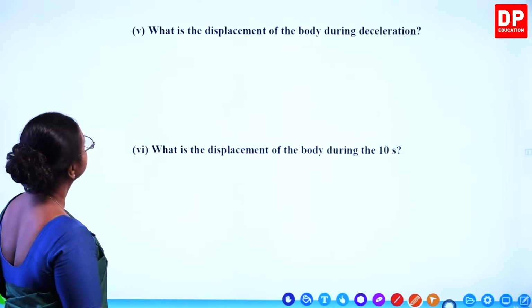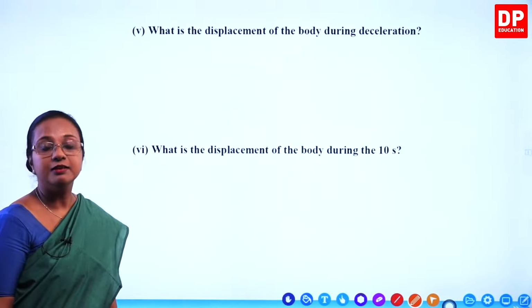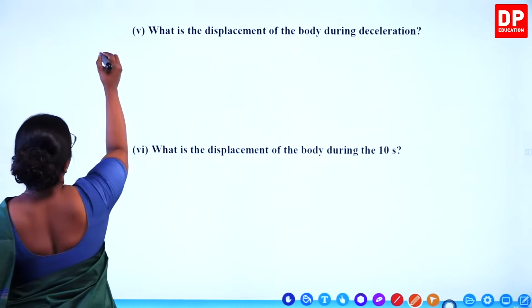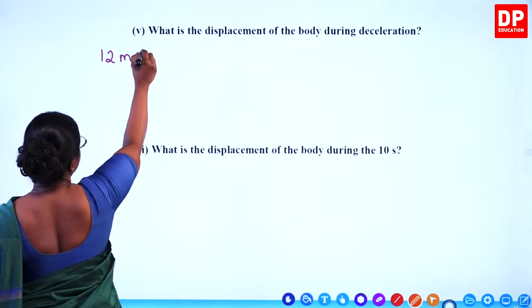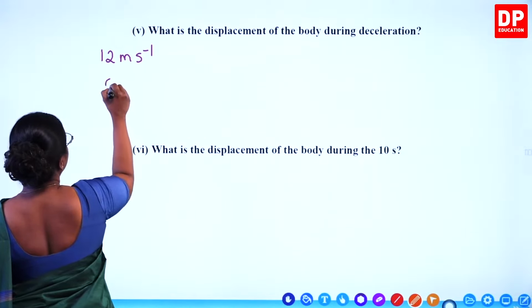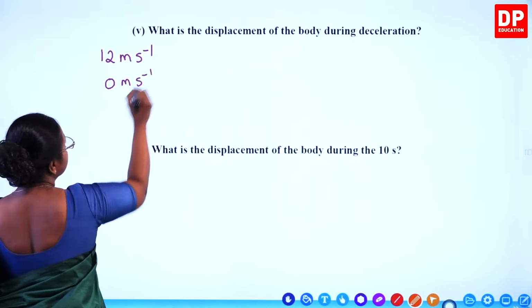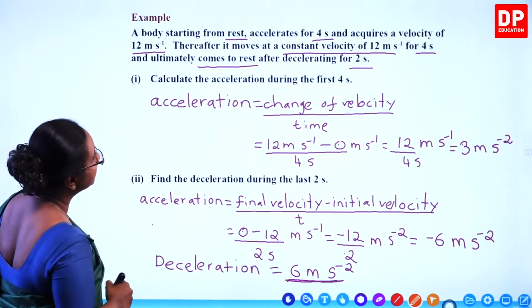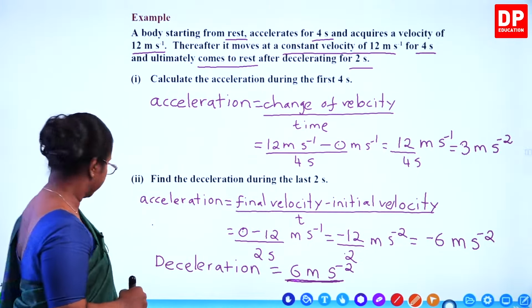Next question. What is the displacement of the body during deceleration? As you all remember, the body was moving at a velocity of 12 meters per second. It came to rest, so the velocity becomes 0 meters per second, and this happens if we confirm the time during the last 2 seconds.